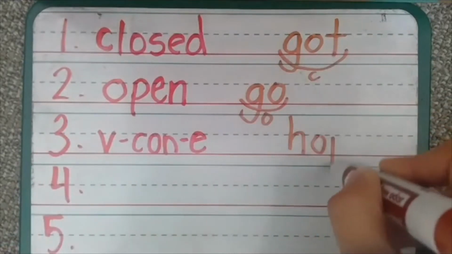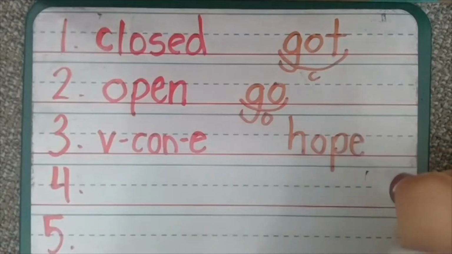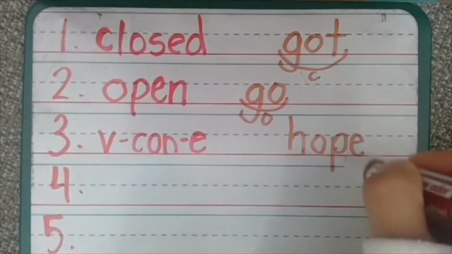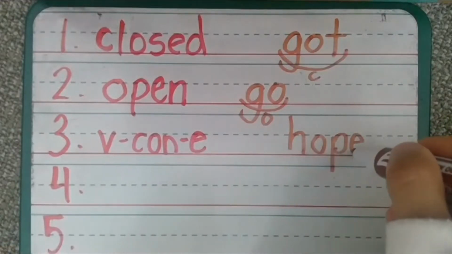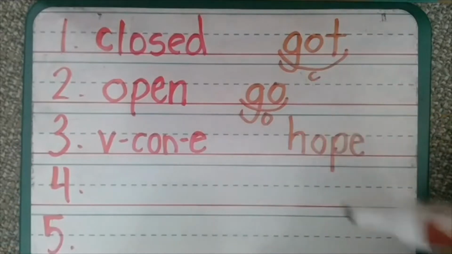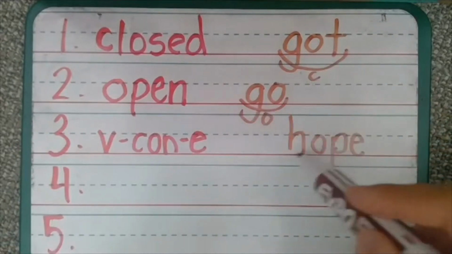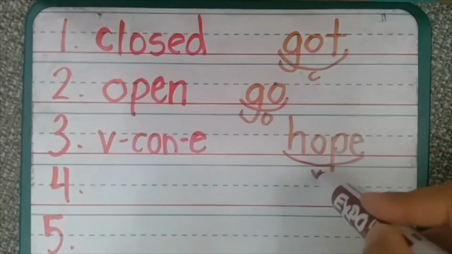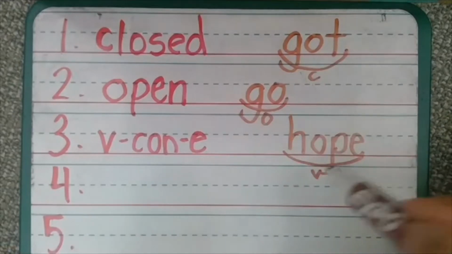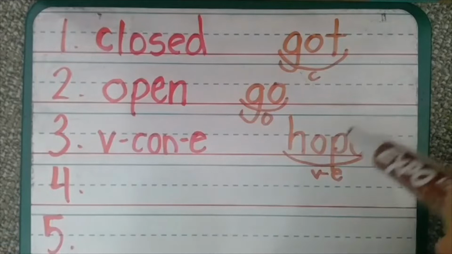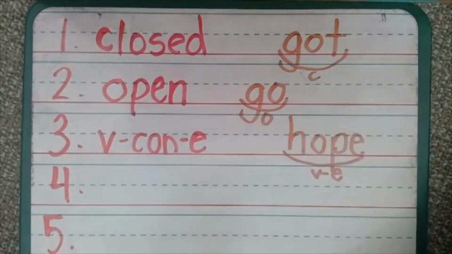Yeah, hope. Remember when we have that E at the end and a vowel there surrounding a consonant, vowel consonant E, the O says its name, hope. You'd scoop, mark it V-E, vowel consonant E. The consonant here is P. Good. What's another one we've learned?